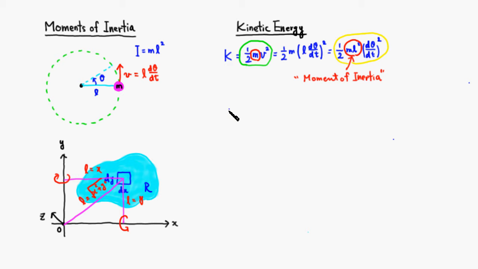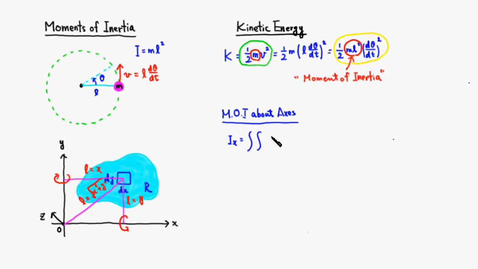So let's look at the moment of inertia about the axes. If you want to find the moment of inertia, say I sub x, about the x-axis: since you have a two-dimensional plate and the density might be different, we're going to look at the integral here.